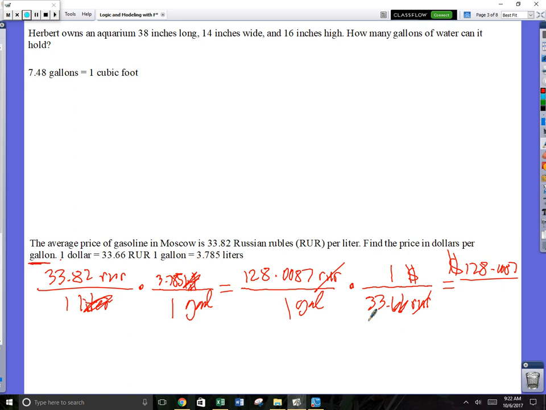And on the bottom, 33.66 times 1 is just going to be 33.66 gallons. So now divide that 128 divided by 33. And you end up with like $3.8299 per gallon.